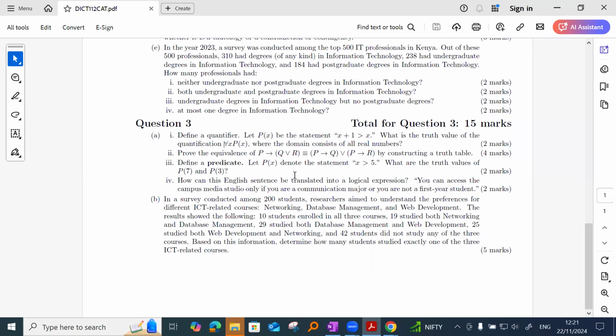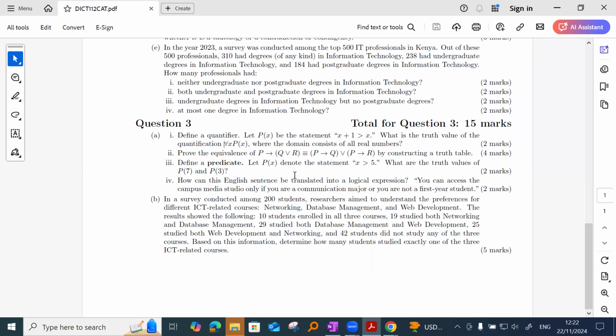The results showed the following: 10 students enrolled in all 3 courses, 19 studied both networking and database management, 29 studied both database management and web development, 25 studied both web development and networking, and 42 students did not study any of the 3 courses. Based on this information, determine how many students studied exactly one of the 3 ICT-related courses.